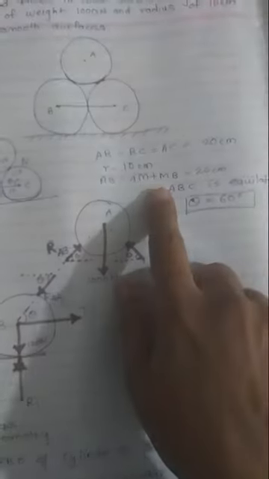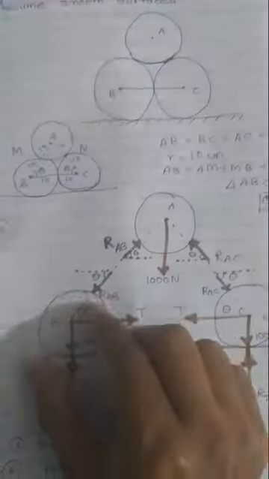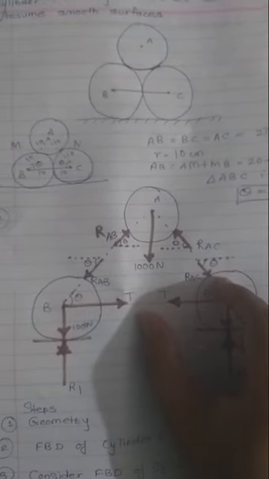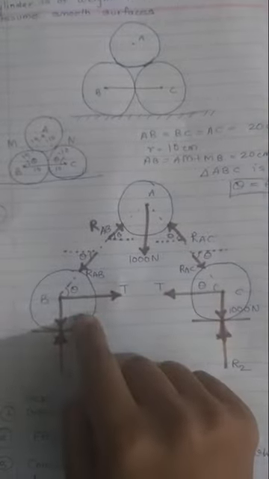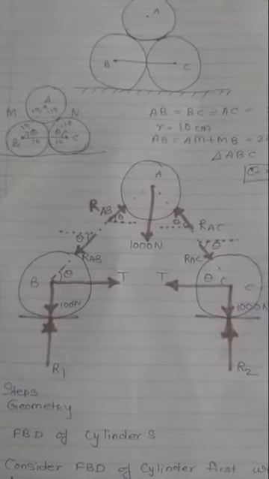Okay, now the next part is we have to go ahead with the FBD of the cylinder. So now what I can do is draw individual spheres and try to draw their FBDs. Okay, so the hint for this is when you are drawing individual FBDs, first try to get the obvious reactions first.